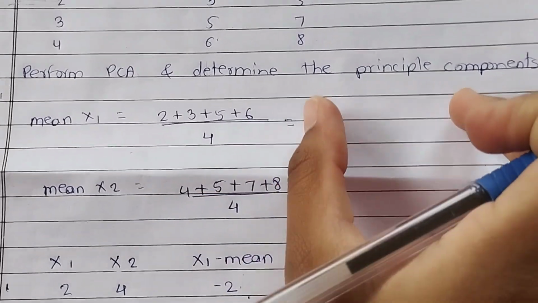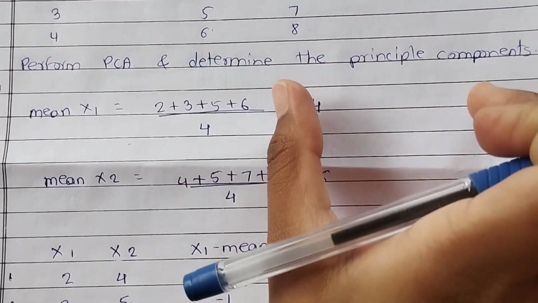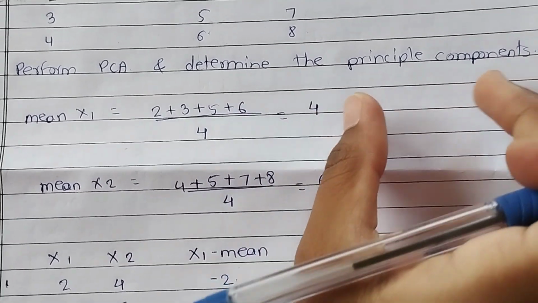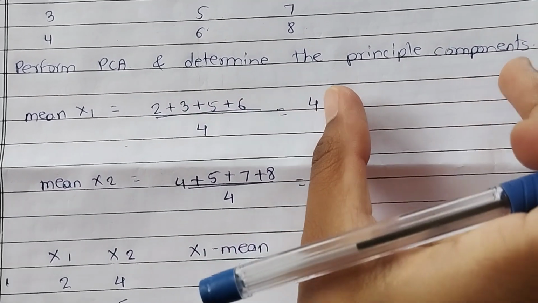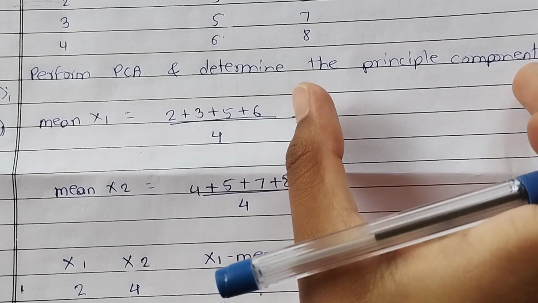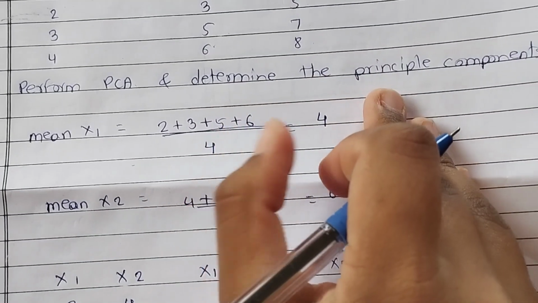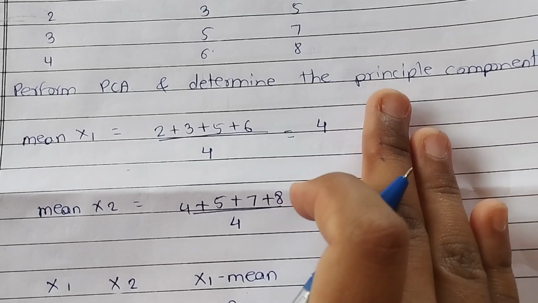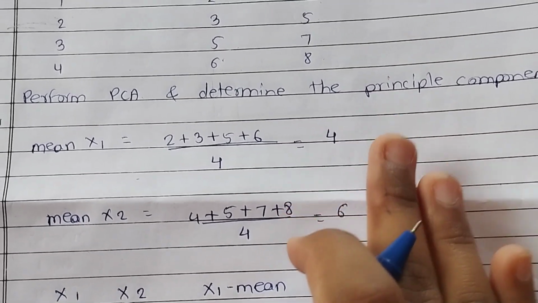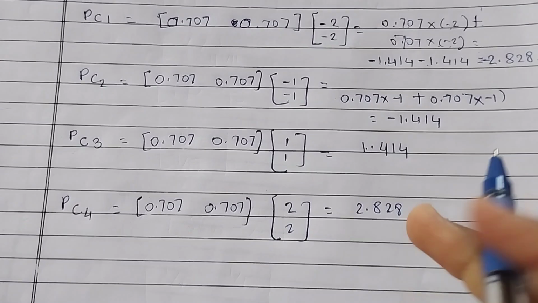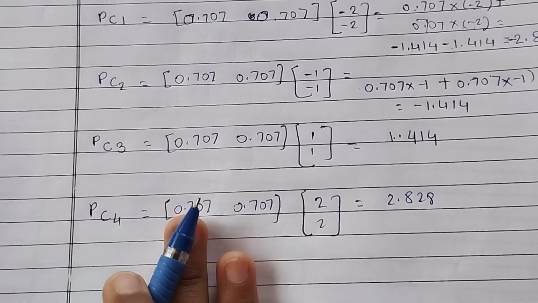If the question mentions determining 2 principal components or 3 principal components, then you put those particular values. And if it just says determine the principal component, then suggesting only one value is also okay. So from this, which value is the highest? That is the principal component for the question.